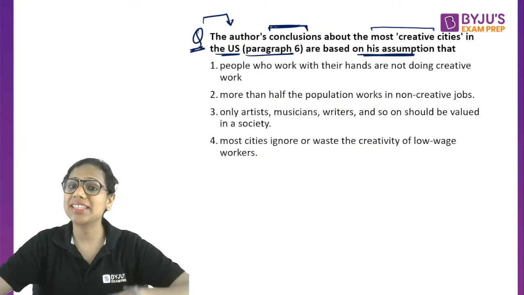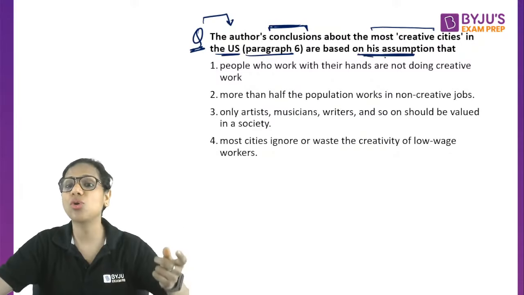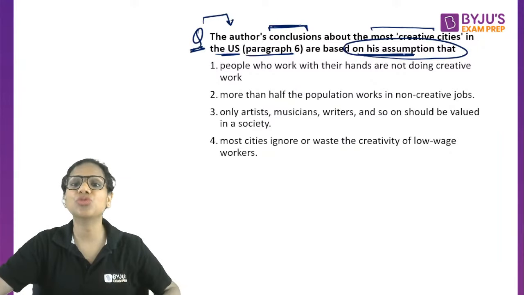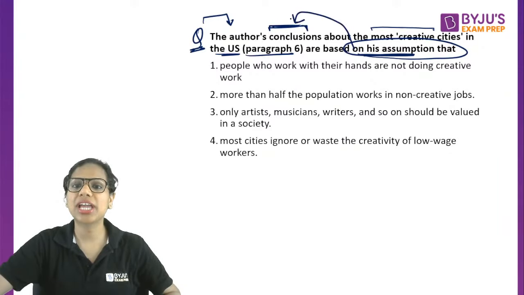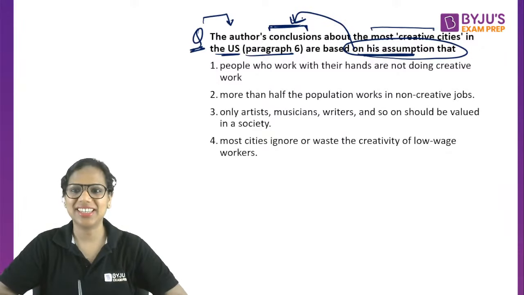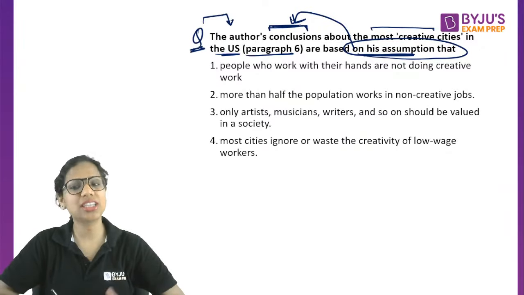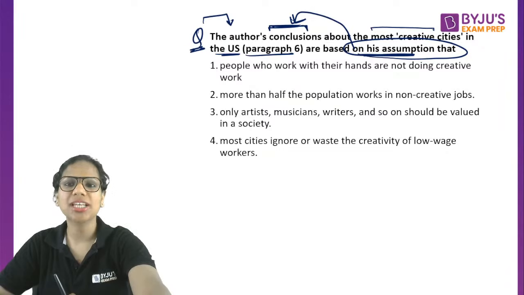So the examiner is asking you, what must he have thought? What must have been his or her assumption that enabled him to arrive at this conclusion? So read these options and then we'll go back to that paragraph.